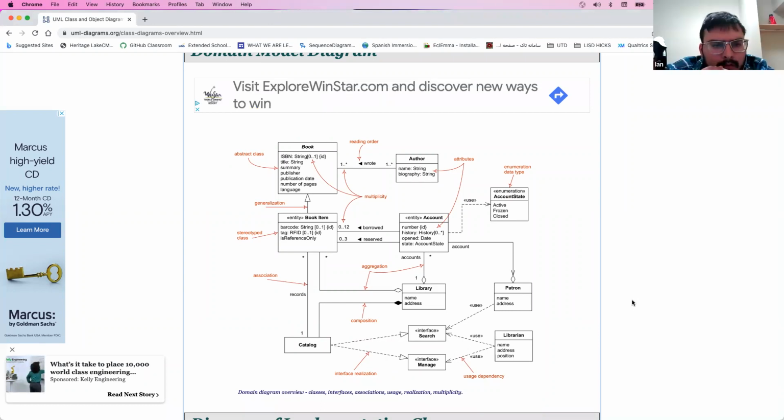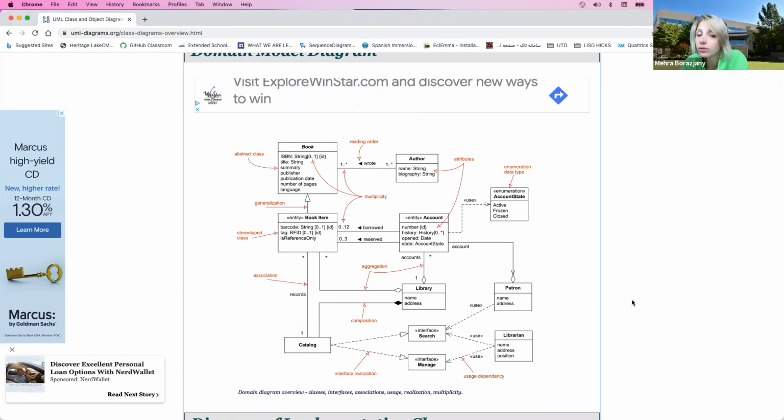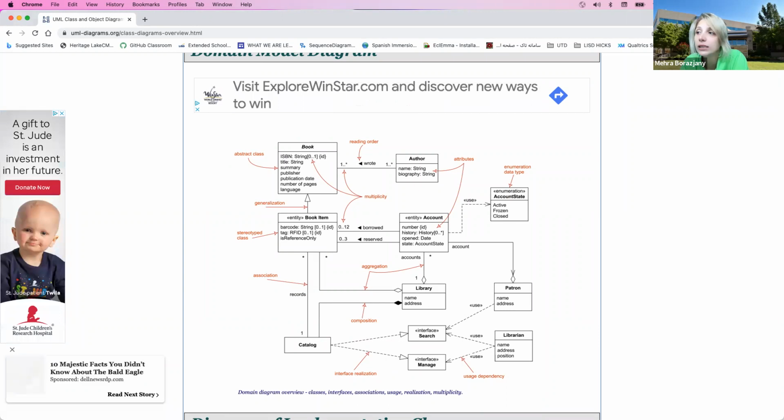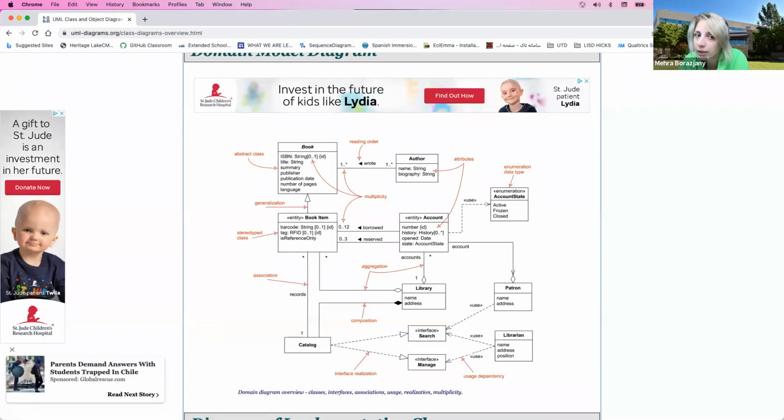Do we use like a dotted line with an arrow? No, I'm talking about the class being abstract. The dotted lines, all of those lines that you see here, are relations. I'm just talking about the class itself being abstract. How do we show that? Do you see any abstract class in this diagram?